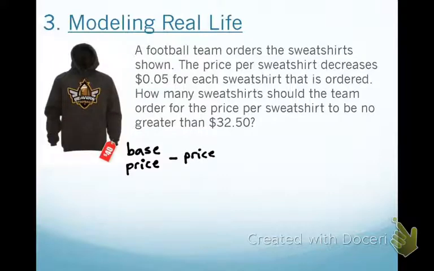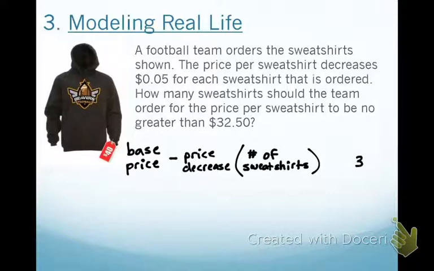So we're going to minus the price decrease per sweatshirt. How do I do something per sweatshirt? You multiply by the number of sweatshirts. And then what's our goal, the ending price? $32.50. Could it be exactly $32.50? It could be.